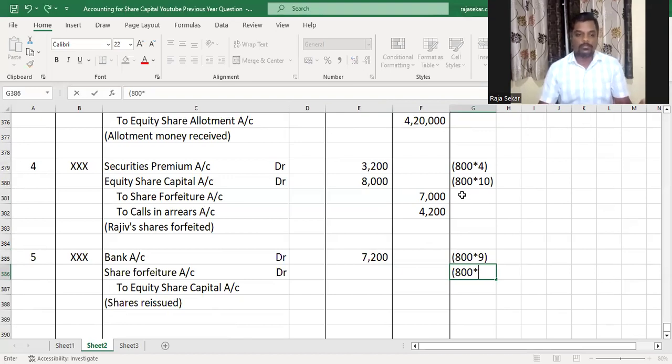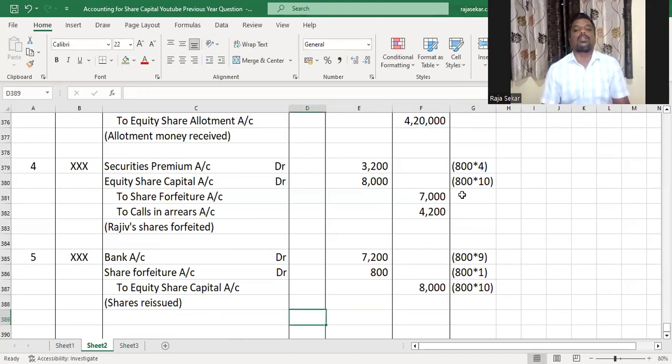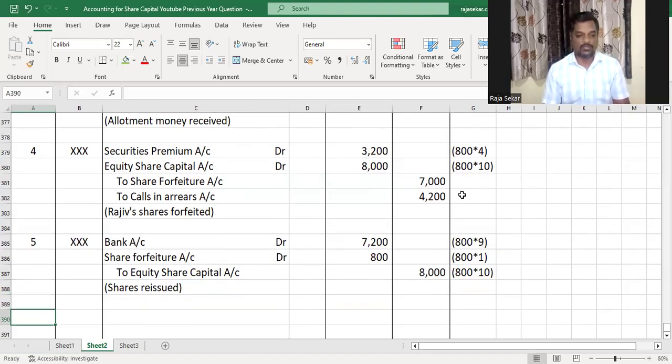And we have given a discount of 1 rupee per share. 10 rupee shares have been reissued for rupees 9. So 1 rupee is a discount given per share. So that will be 800. And it has been reissued as fully paid up. So that will be 800 into the face value of the shares. When they say fully paid up, you credit the share capital account with the face value of the shares.